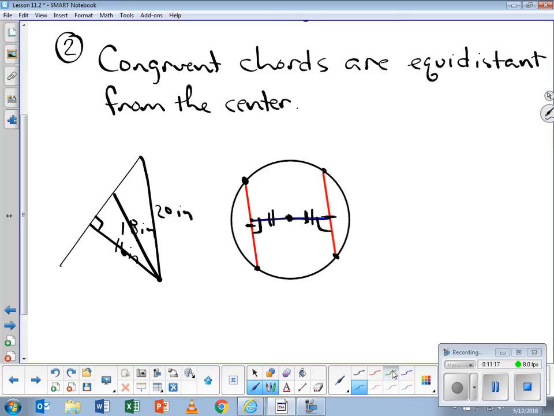If I drew in, I highlight that chord and I draw in the 2 radii, right? So radius is the segment from the center to the circle, right? What kind of a triangle is that green triangle? Well, I don't know that for sure.